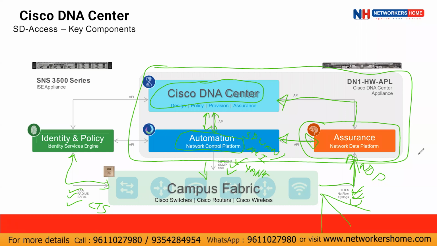So everything is monitored, and the insights and the actual machine learning part is done in this assurance with this type of data and many more. And DNA Center integrates with ISE. It's API, but it's a Cisco protocol, pxGrid.